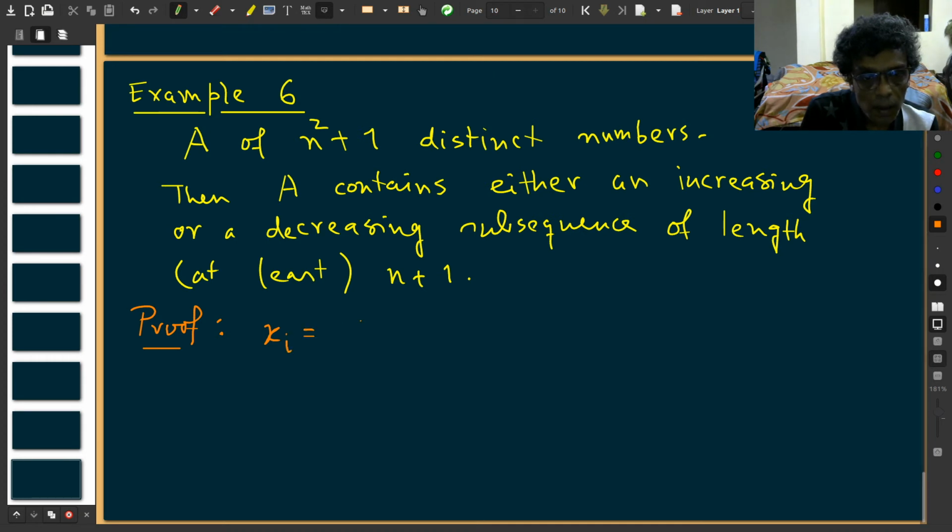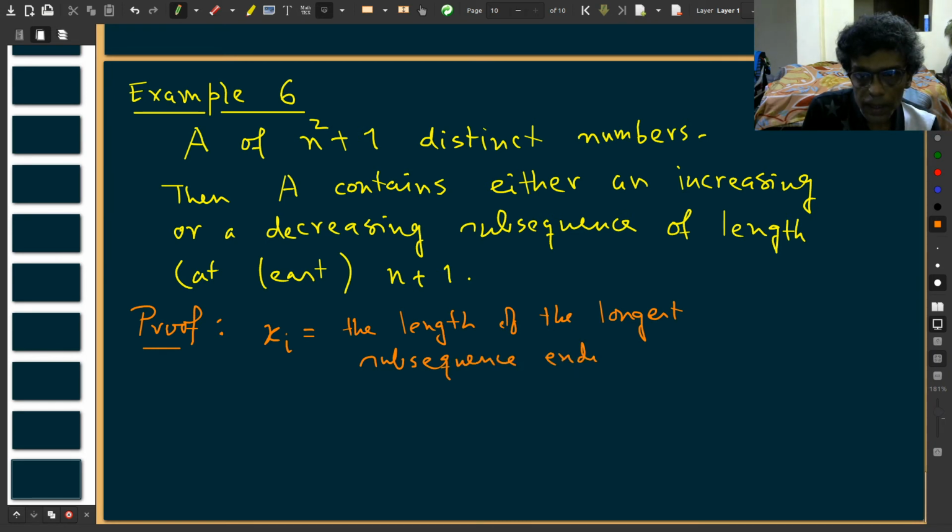Xi, the length of the longest increasing subsequence ending at the ith array element.